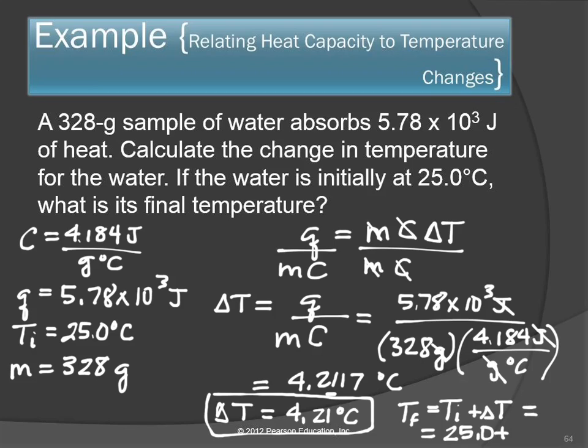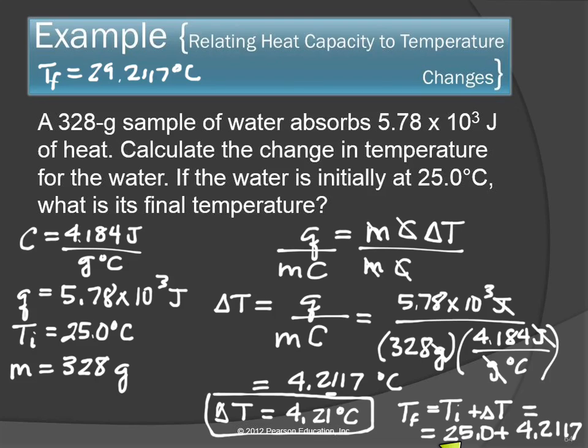25.0 plus 4.2117. I'm gonna come up here. So we're calculating that the final temperature is 29.2117.